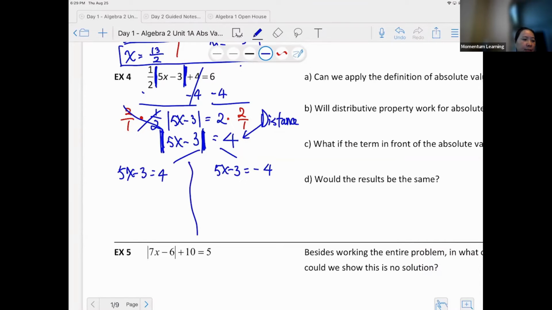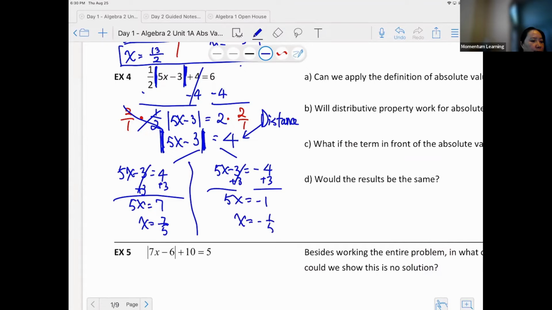I would just do this very fast, I don't need you to practice. Plus 3 on both sides. Then you cancel: 5x equals 7, and x equals 7 over 5. Same thing, add 3, add 3: 5x equals -1, and x equals -1 over 5. The students who submitted an answer already, you got it correct.